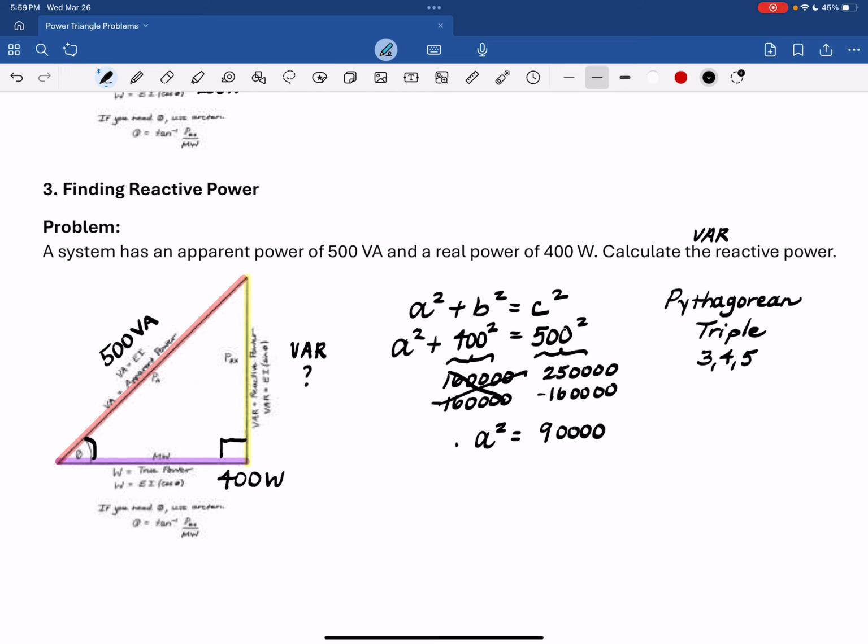But we want to know the value of A. So A is plus or minus the square root of 90,000. And you guessed it, the square root of 90,000 is 300. So the reactive power, I'm looking at A, but A literally means VAR. The reactive power is 300.